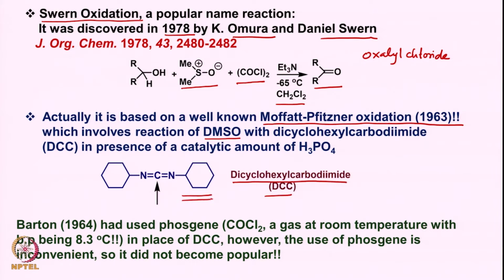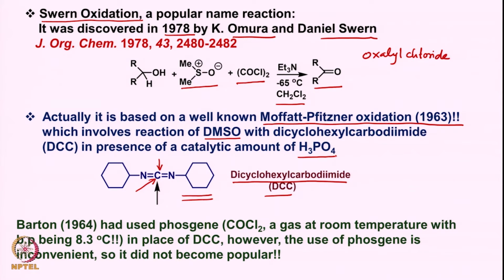As you can see, the carbon atom here is flanked by two nitrogens by double bonds, and therefore this particular carbon atom is highly electrophilic, particularly in the presence of a catalytic amount of an acid such as phosphoric acid. Now, this was discovered in 1963.